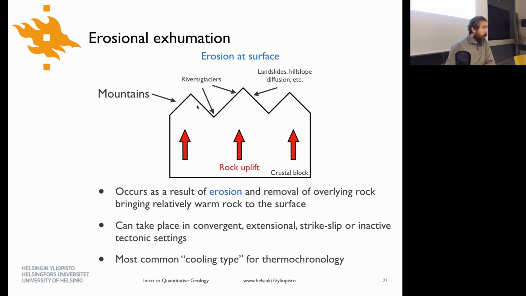Now, the rates of this process can be pretty slow. It depends really on where you are. In mountainous regions, these processes are a little bit faster. Here, the amount of bedrock that's been eroded in the past several million years is probably relatively small. It might be tens or not even tens of meters of bedrock in the past few million years.